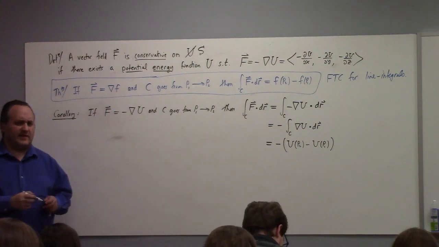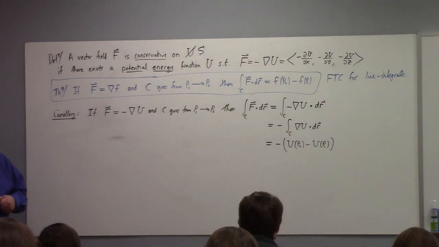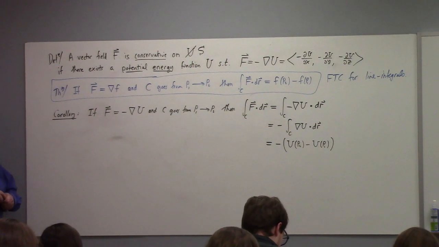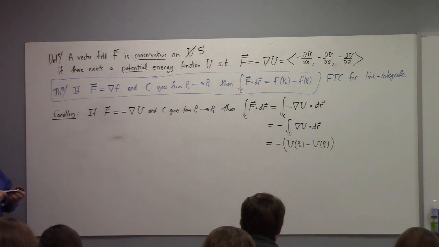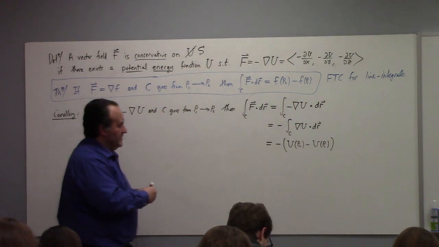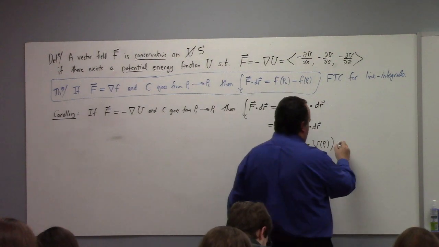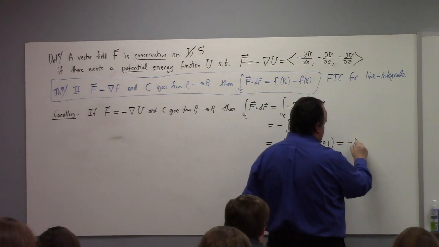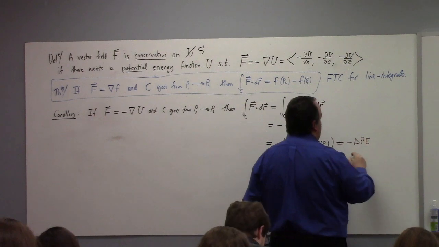But what did we say last time the line integral of the force over the curve calculates? This calculates the work done by the force over the curve, right? So this is another way to calculate it. We can also say this is minus the change in the potential energy, if you like.